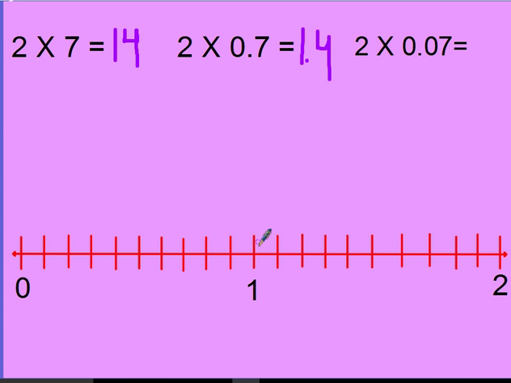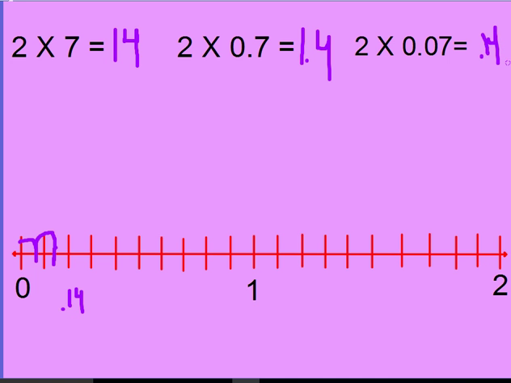So if he ran this, he would have run 7/100, and if he ran another 7/100 more, he would be about right here. So here's his first 7/100, and here's the other 7/100. So he ran 14/100.